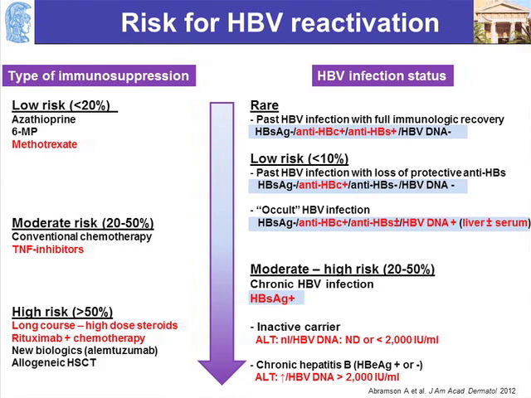So this is how I think about that. As I said before, there are high-risk therapies like TNF inhibitors and rituximab, but these data come mainly from the hematology literature. And if you look at the other side, which is the HBV infection status, the patients who are at the highest risk are the ones who have chronic hepatitis. That means they have very high HBV DNA levels when they start treatment.